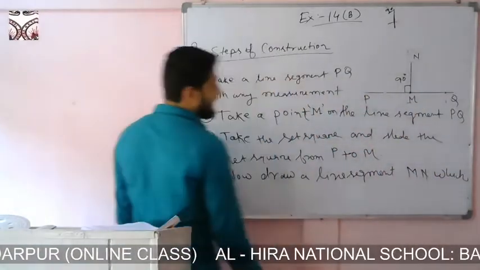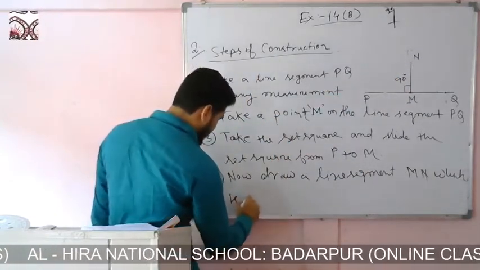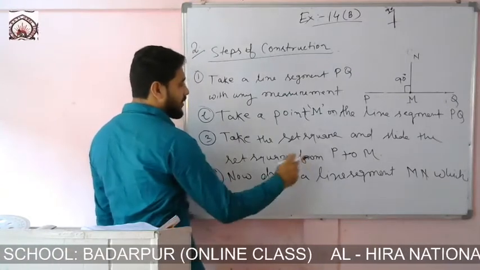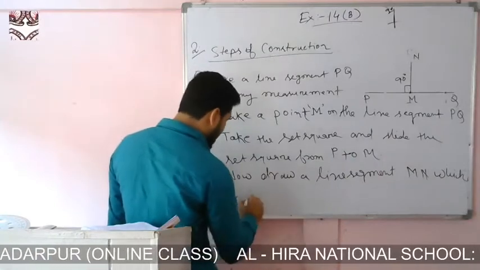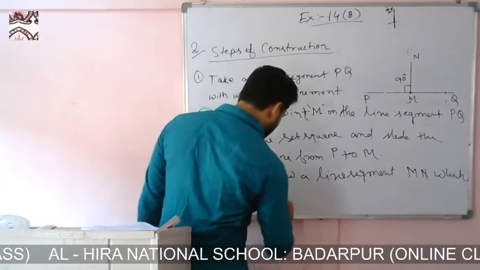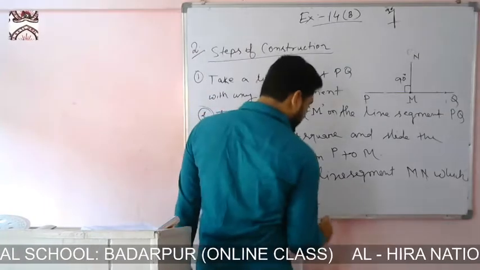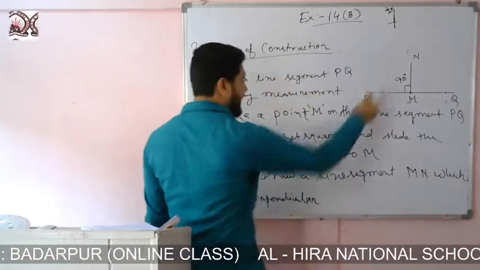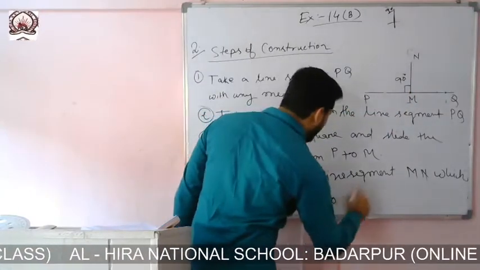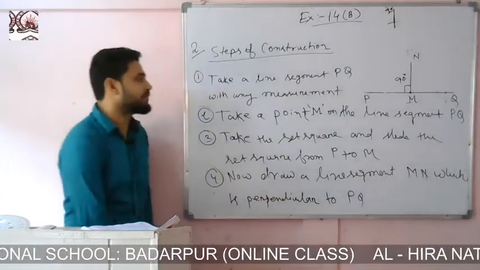Draw a line segment MN which is perpendicular to PQ. Okay, we have drawn a line segment MN, which is perpendicular to line PQ. Up to this we have done.